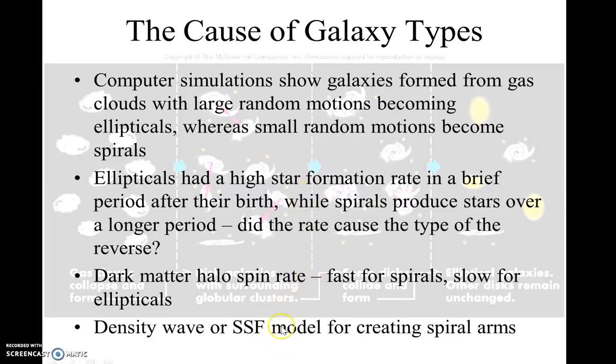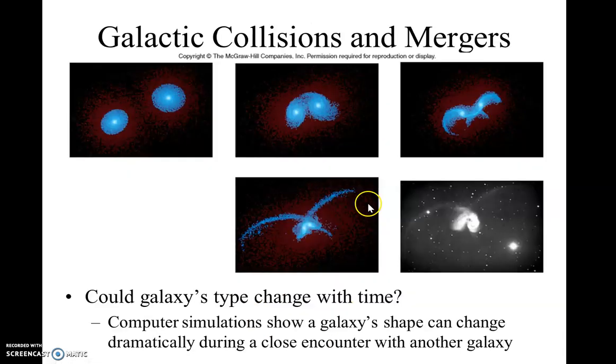We're still trying to figure that part out. So this is just showing you some of these computer simulations. One thing that happens in the early universe is we have galactic collisions and mergers.